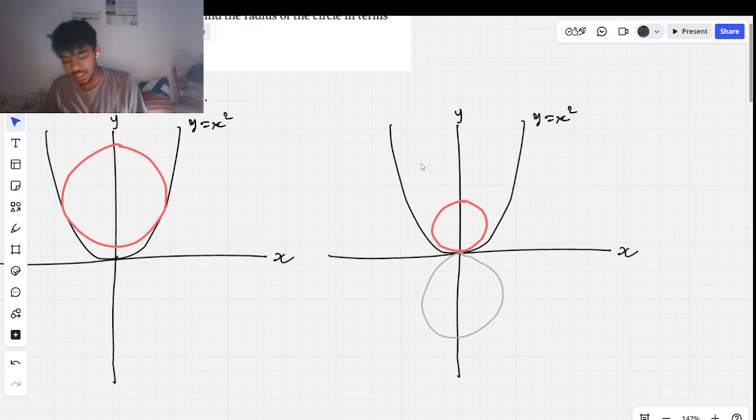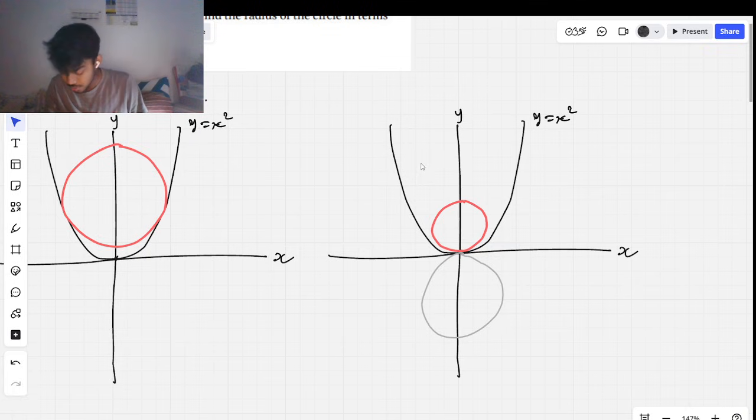And because the question doesn't specify whether c has to be a positive or a negative number, all of these are possible circles that are tangent to the curve y equals x squared.